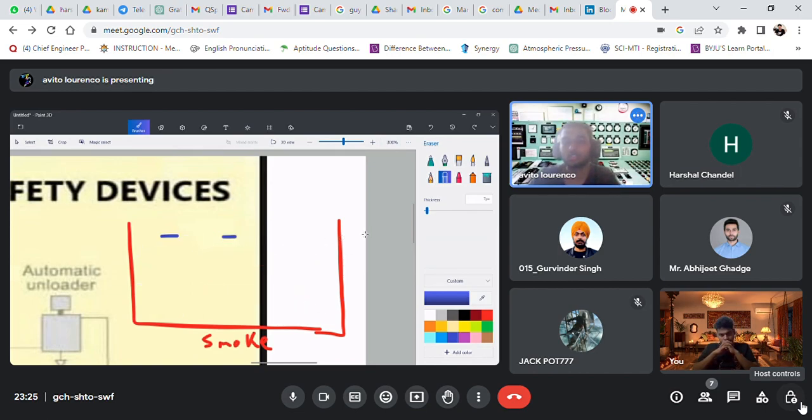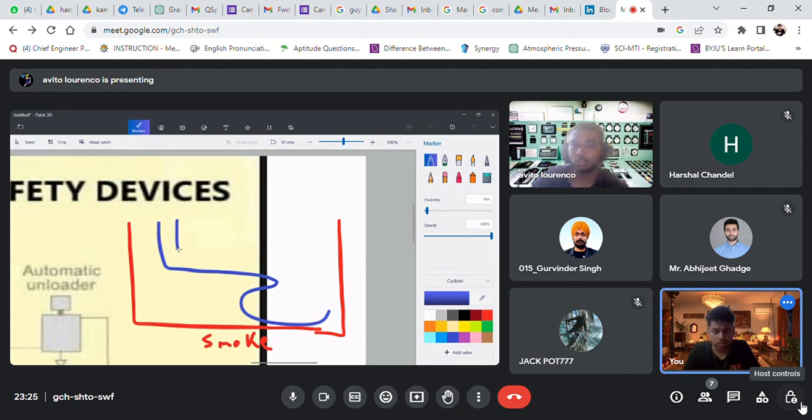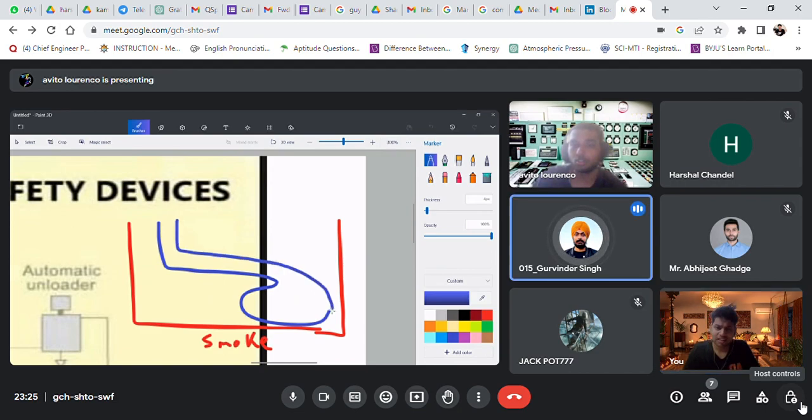it's simple. The fusible plug will be in the steam drum, I guess. Yes, it will be in the steam drum. So this is the water tube boiler now.